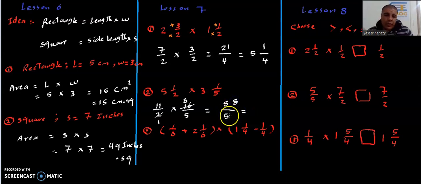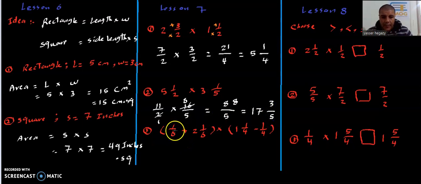Here, I need to know the nearest number that we multiply by 5 to get 88. Let's try 16: no, as 16 times 5 equals 80. So 17, good. 17 multiplied by 5 is 85. So the remainder will be 3 out of 5.